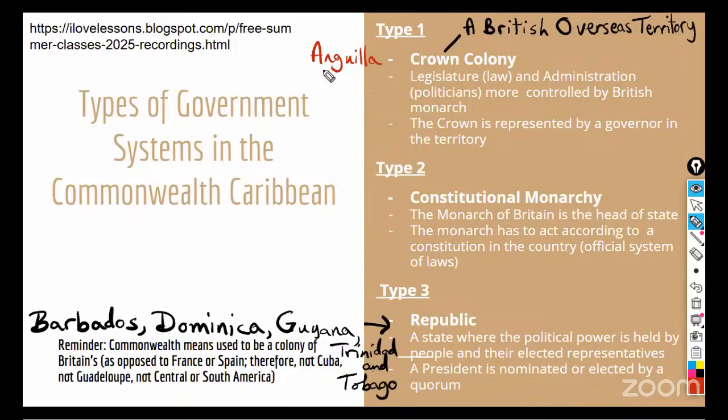Bermuda is another. British Virgin Islands, sometimes referred to as BVI, and it's not to be confused with the American Virgin Islands, so not them, obviously. Cayman Islands.